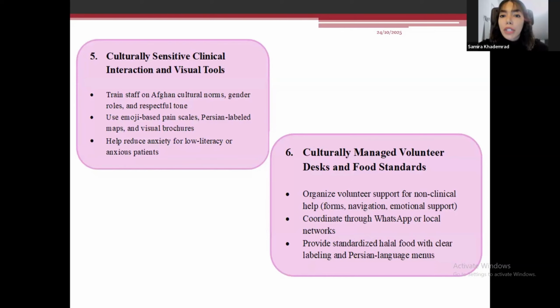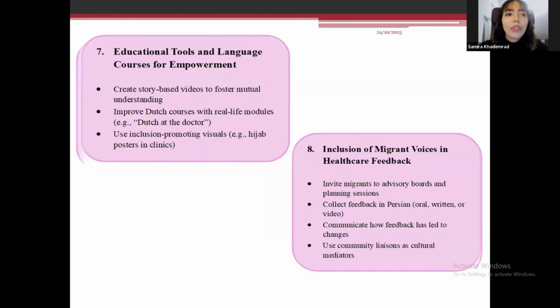Number 6, culturally managed volunteer desks and food standards, like the provision of standardized halal food with clear labeling and Persian language menus. Number 7, educational tools and language courses for empowerment.